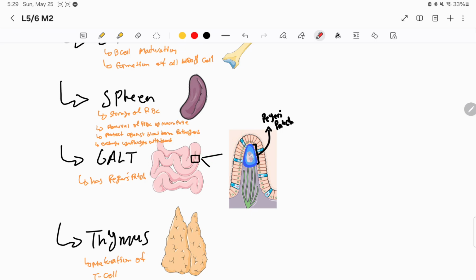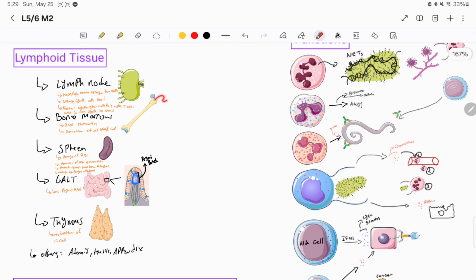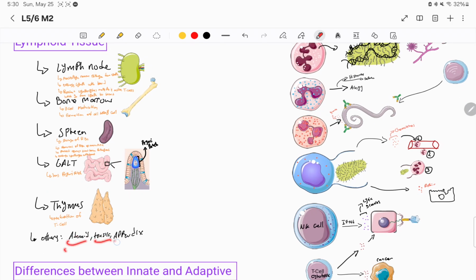digestive tract, okay? So as you can see, these immune organs are strategically placed in areas that are very susceptible towards infections, such as the nasal mucosa, or the surroundings of the cell, which will get picked up by the lymphatic vessels and go to these lymph nodes, okay? Or just the blood, where the spleen is sampling, or the GI tract, okay? There are other ones, such as the adenoid, the tonsils, the appendix.